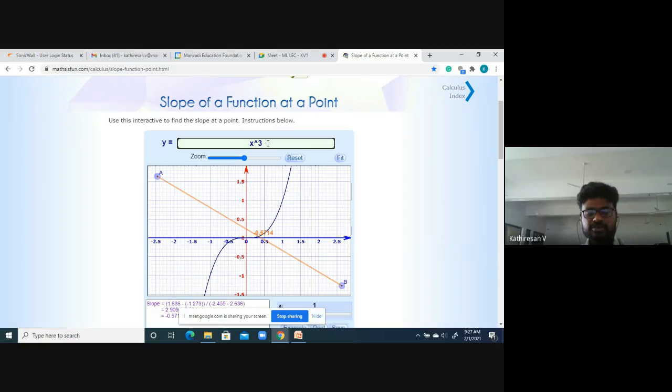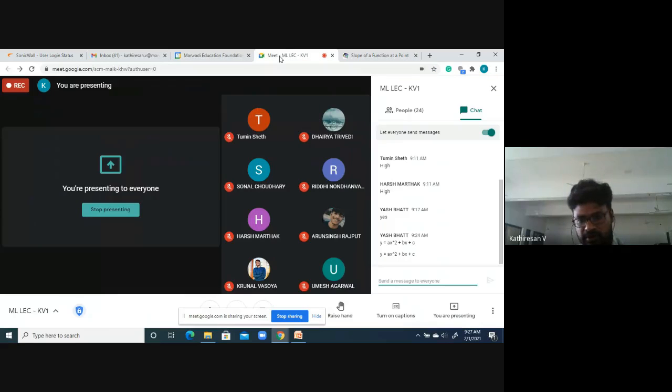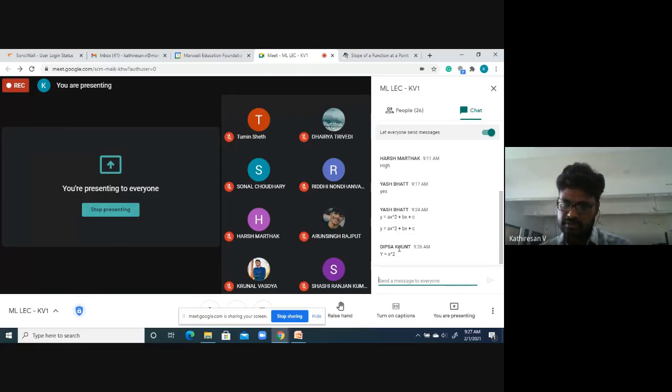Y equals x square, Dipsa is giving the answer, correct. Ax square also, if you substitute. Okay, so that's how it works. Now for the parabolic curve, the equation is y equals x square.